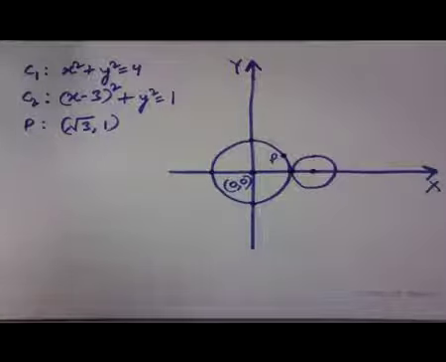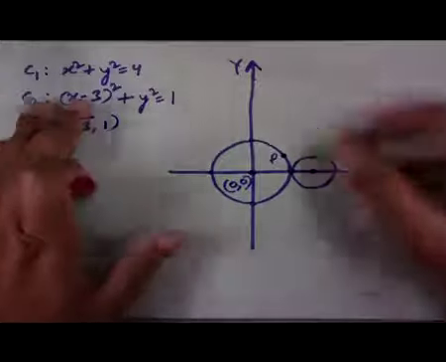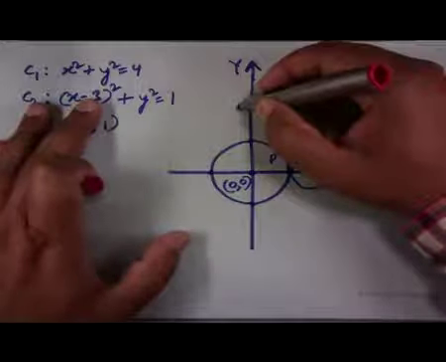The tangent at P to the first circle C1 will appear something like this.